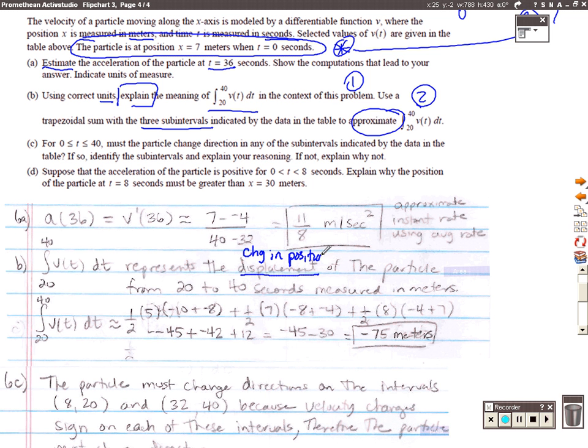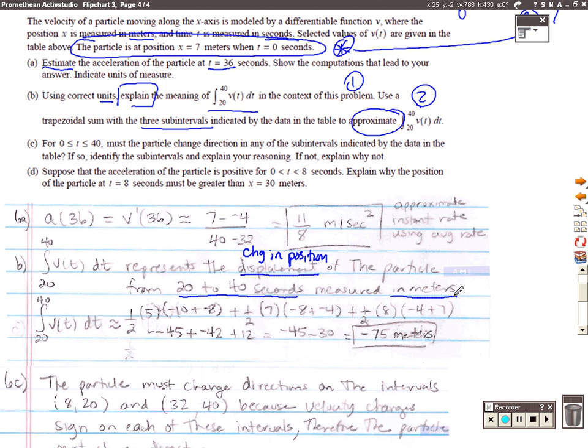But do not say distance, because we don't know if all the area is negative. It represents the displacement or the change in position of the particle from 20 to 40 seconds. Notice I'm being very specific and I'm using the correct units. Measured in meters, that's very important. And that's all I need to say.